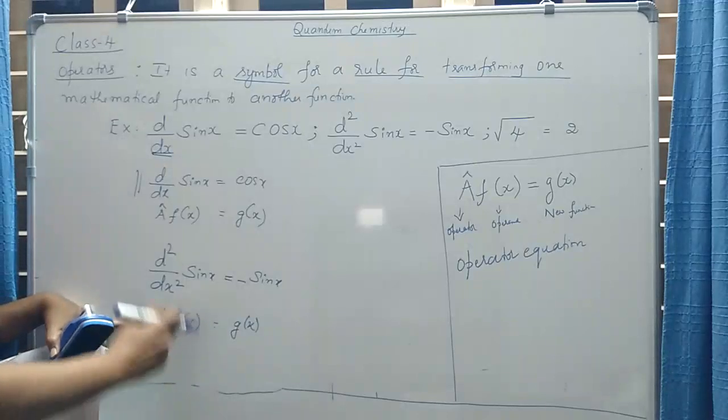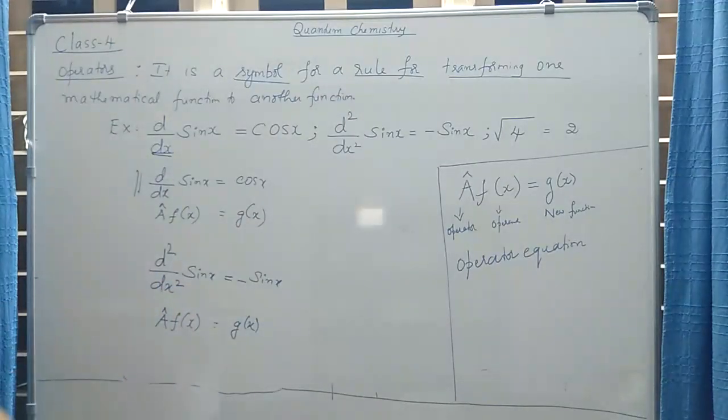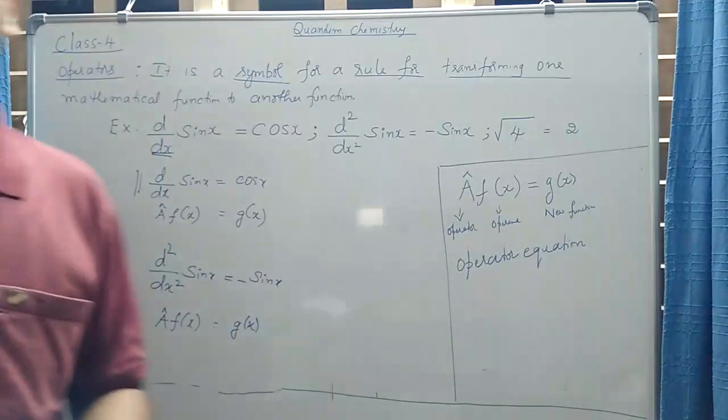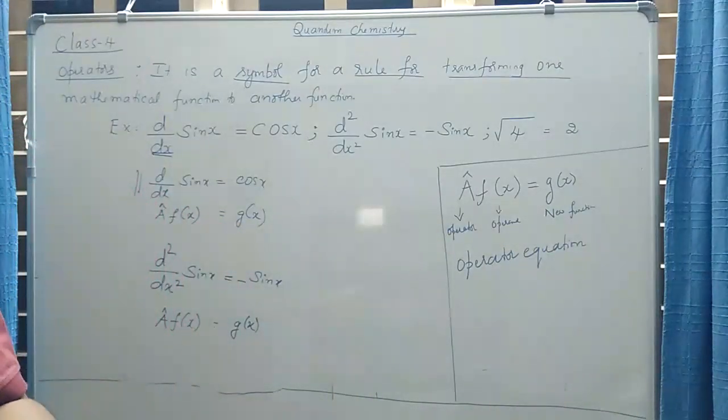So this is also an operator equation with this operator A. So we will come across this type of mathematical equation very frequently in quantum chemistry, which we call operator equation. Now let us discuss some important properties of operators.